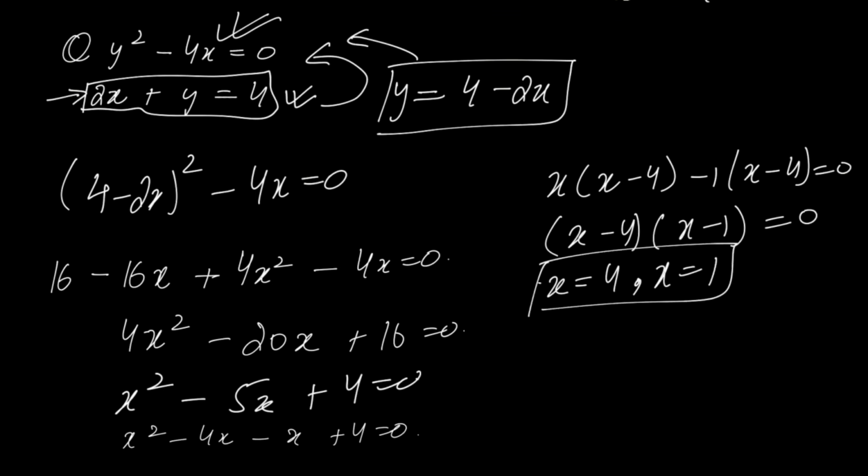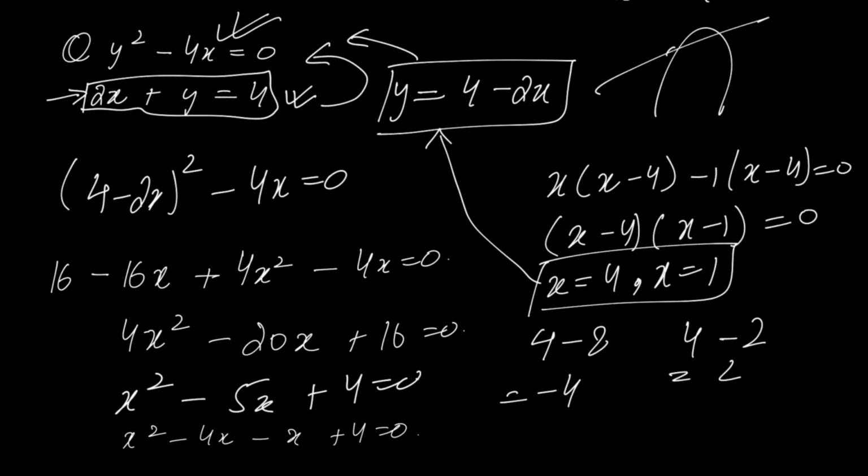Now we have to find the value of y. You can put both of them in one equation. So 4 minus 4 into 2 is 8, so you get minus 4 from this, and 4 minus 2 will give you 2. So the coordinates where this curve and this line meet are 4 and minus 4, and 1 and 2.